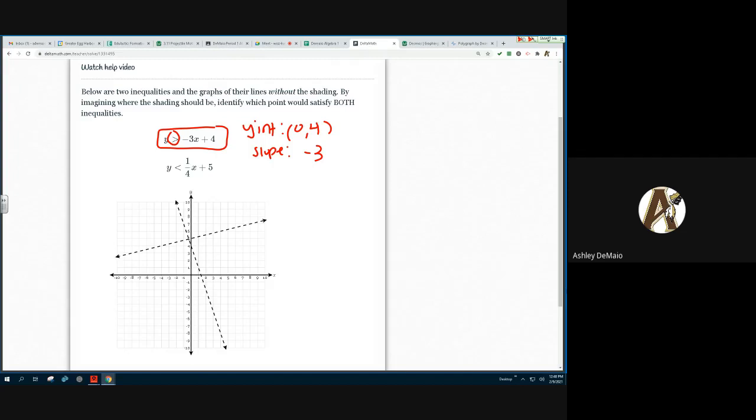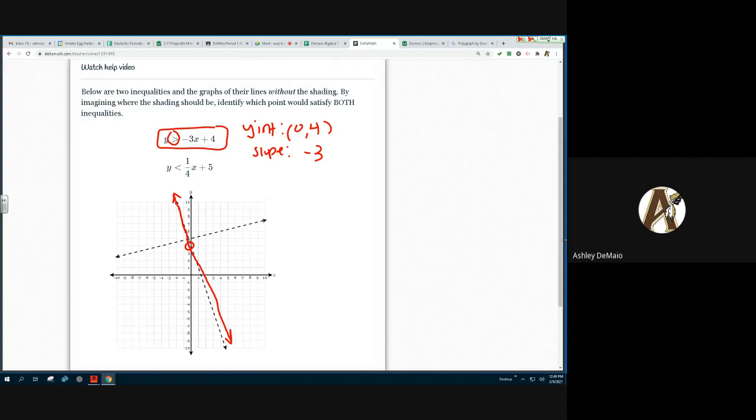So if I look at my y-intercept of this line at 0, -4, I see that 0, -4 is right here, and this line right here crosses 0, -4, and that's its y-intercept. But that line would be the line that represents the red inequality that I have circled.